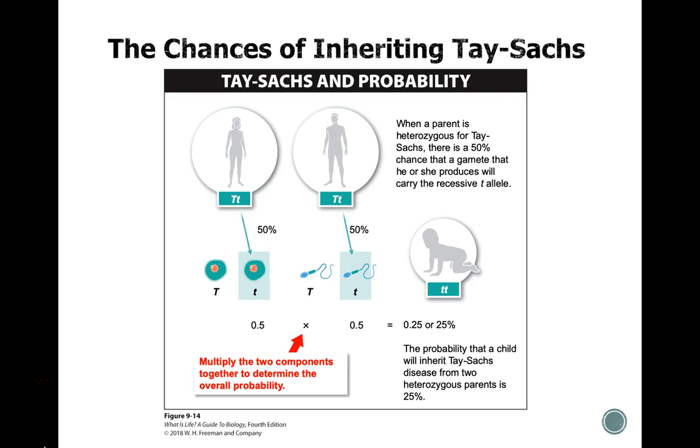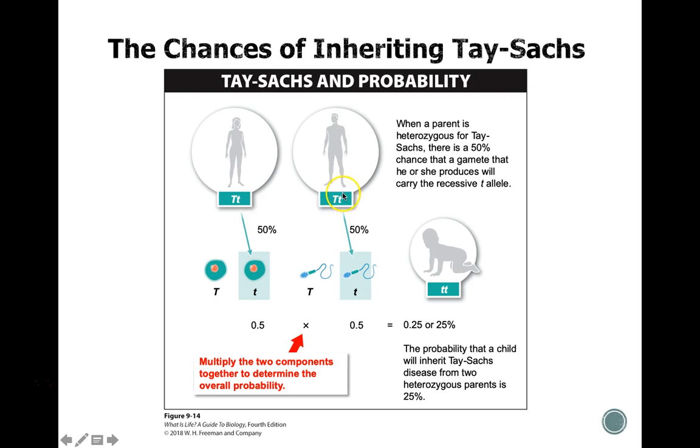So let's make this easy. Let's say that mom and dad both know that they are heterozygous for the allele. So mom knows based on family history that she's probably heterozygous. That means there's a 50% chance that she's going to produce an egg with that particular Tay Sachs allele. Let's say that dad also knows or has a pretty good idea that he is heterozygous for this allele.